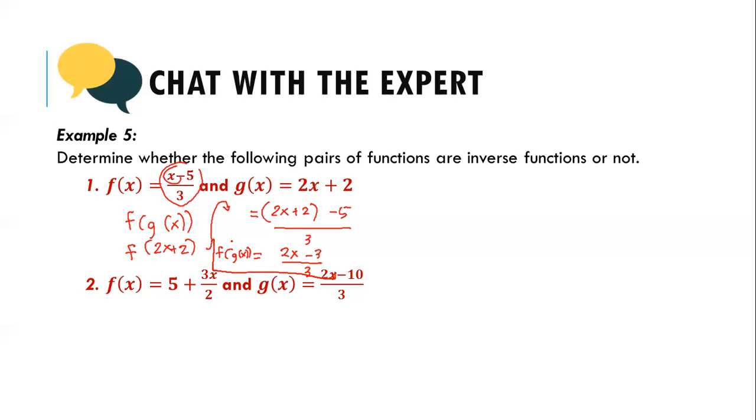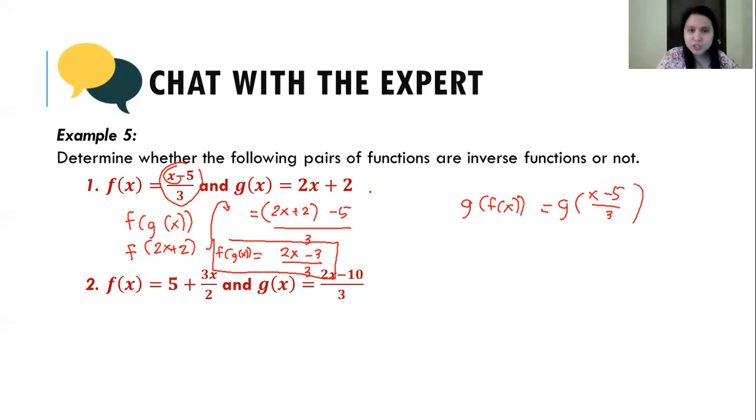Let us see if our g of f of x will have the same answer. In your g of f of x, you're solving for g of, what's our f? x minus 5 over 3. So let's now write our g, this one.